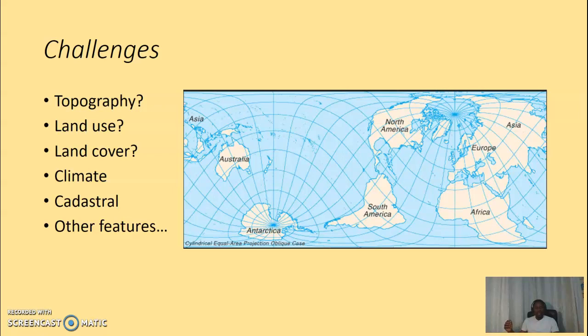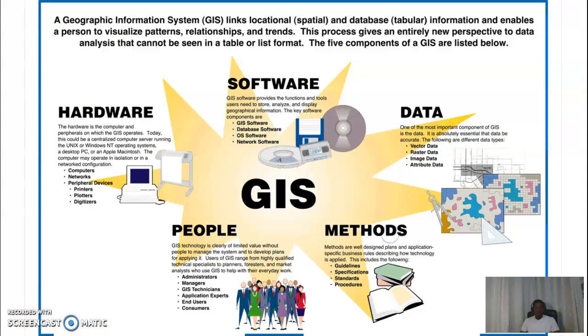We can view land topography. We can decide the use of a land based on the geographic information system. We can predict weather forecasts with these maps provided by the Geographic Information System.